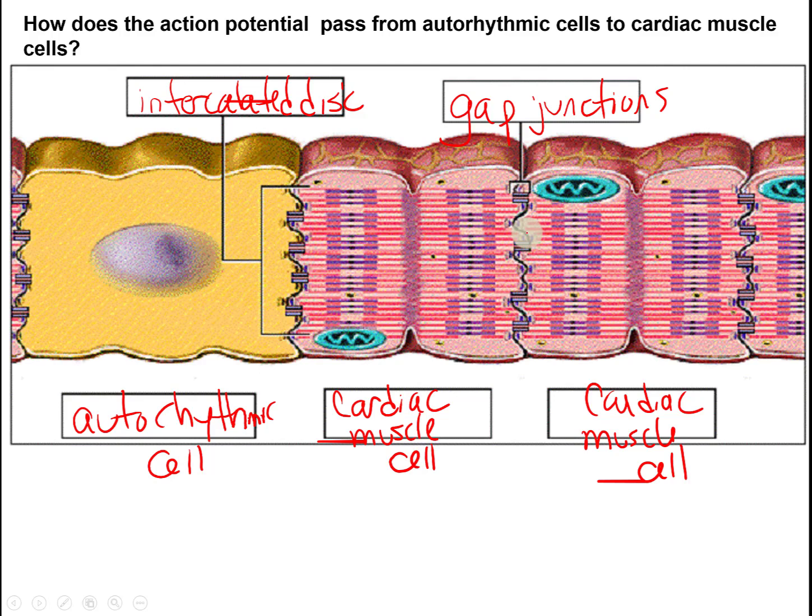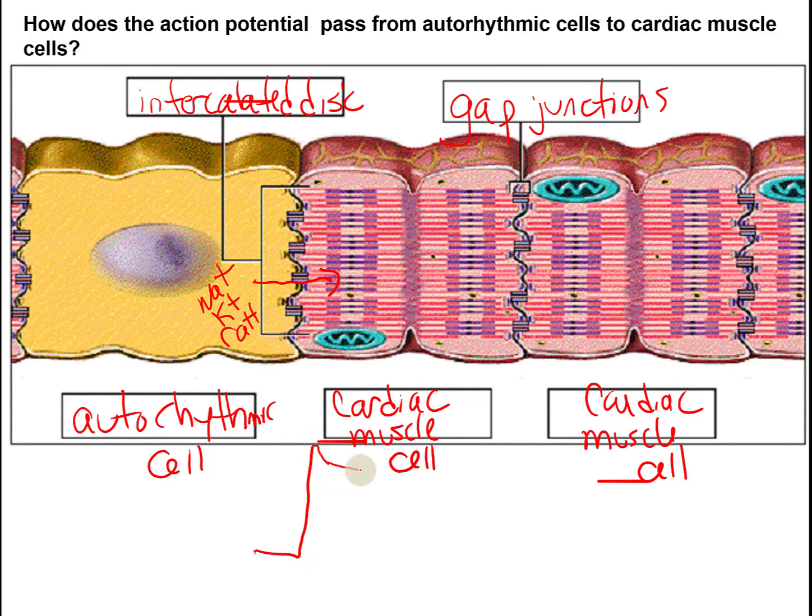And so when we look at this whole process, the autorhythmic cell starts first with the leaky channels, generating action potential. Positive ions, like sodium, potassium, calcium, pass through the gap junctions to the cardiac muscle cell. And what that does is trigger the fast sodium channels, which then close and the potassium channels open.